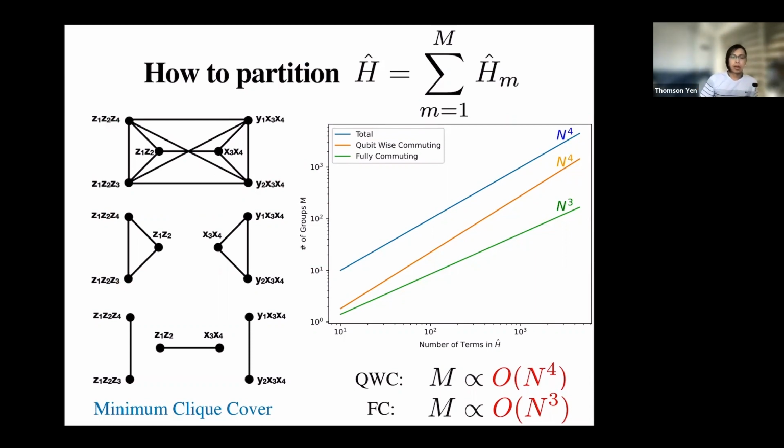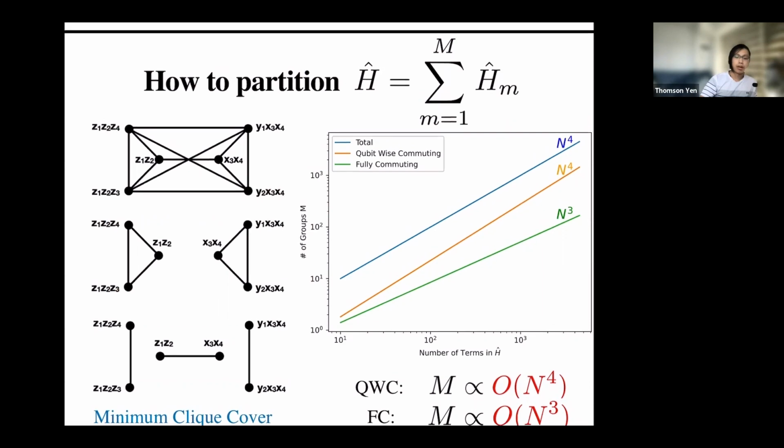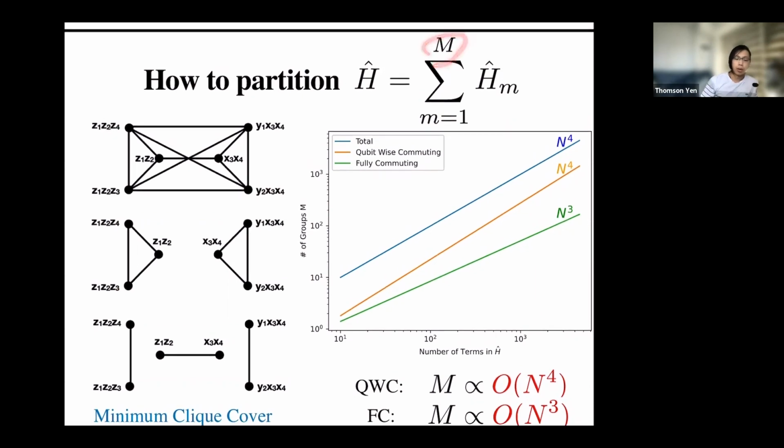So the intuition that we use here is generally the number of groups, or the number of cliques in this case, correlates with how many repetitions you need to do on a Variational Quantum Eigensolver. So you really want to find the choice of clique covering that has the least number of cliques. In these 2 examples, you would prefer this one because you only have 2 cliques.